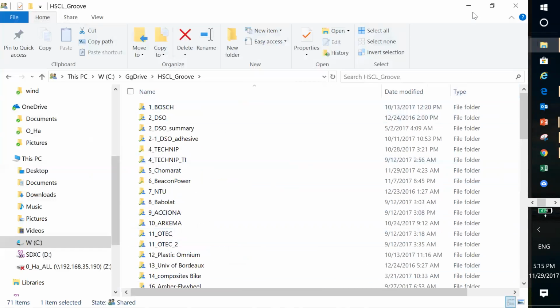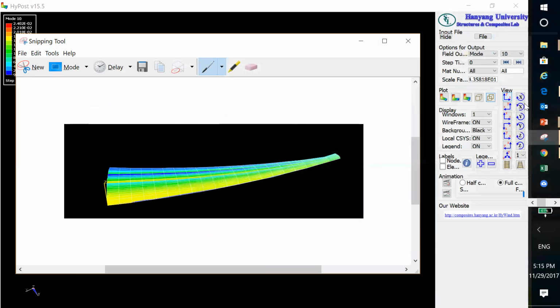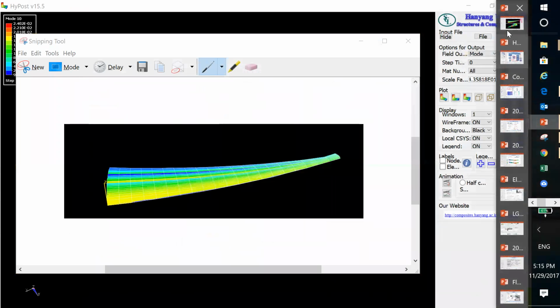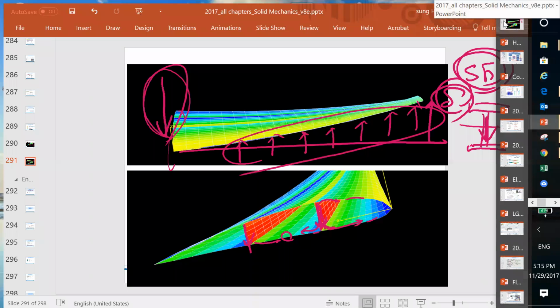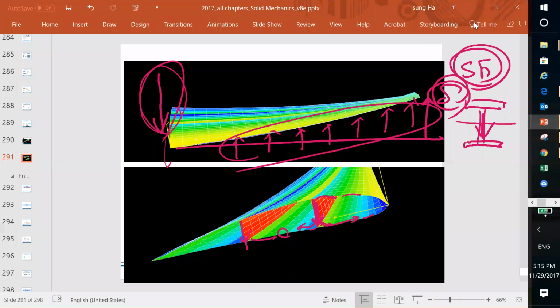Okay, so I'd like to emphasize how important design is.